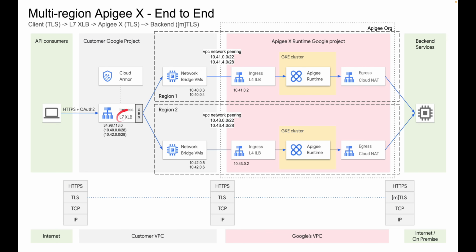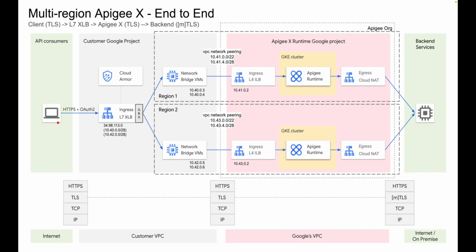And I will have here a load balancer in front of the two instances with Cloud Armor, eventually, that will distribute the load on one region or the other, based, as an example, on the client application location. If my client application operates in region 1, the global external load balancer will use region 1 here, and the region 1 Apigee runtime will be used to execute the API traffic.